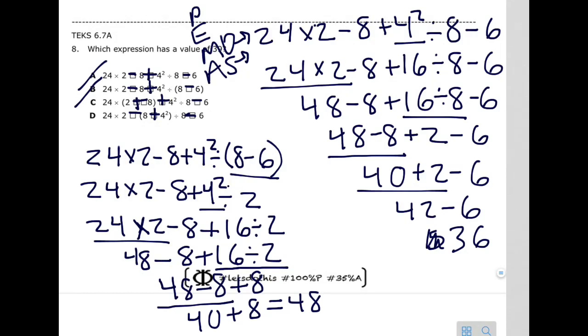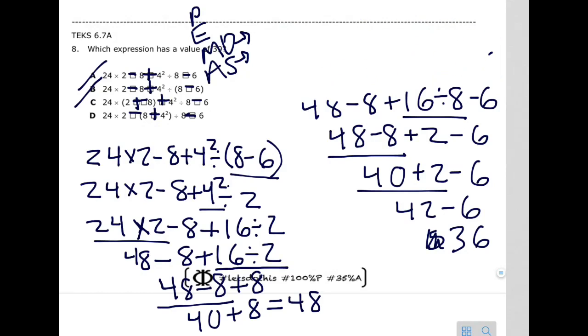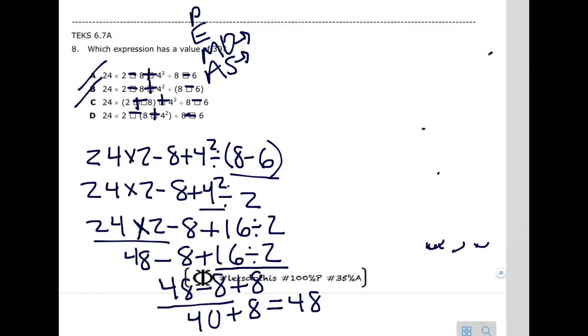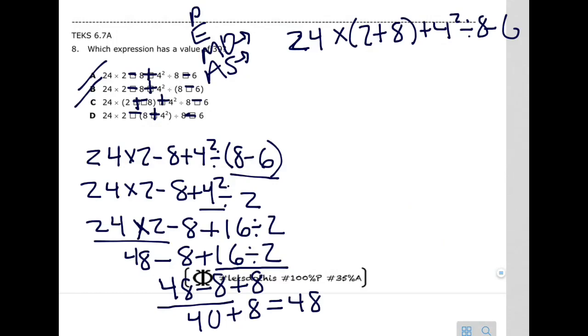I'm going to go ahead and erase this top one. I'm going to solve the next one. So the next one is 24 times 2 plus 8 plus 4 squared divided by 8 minus 6.